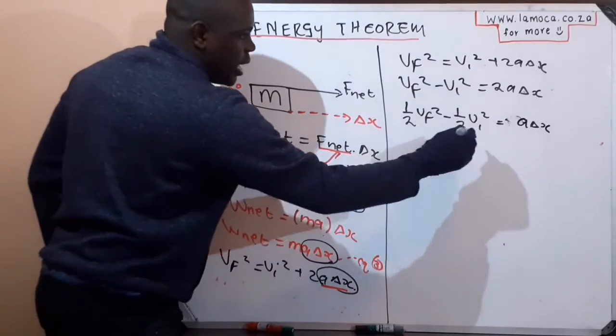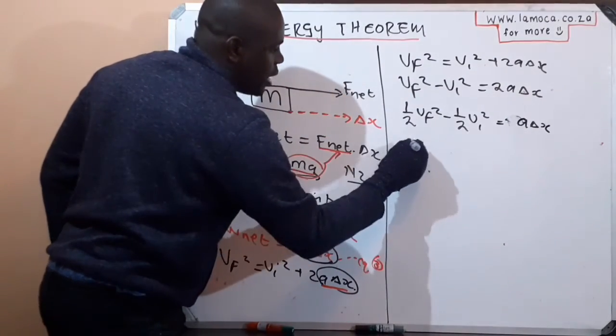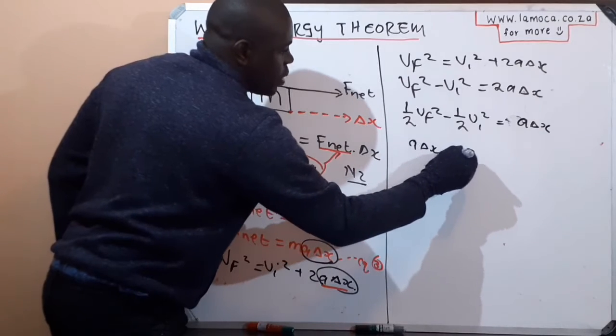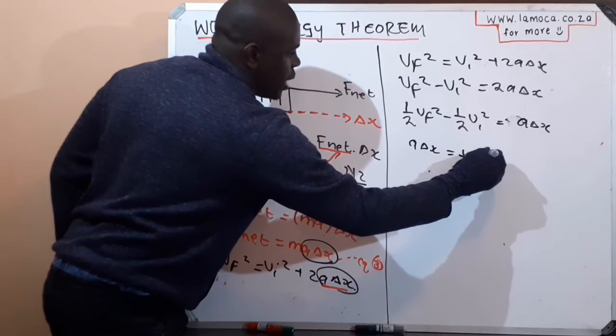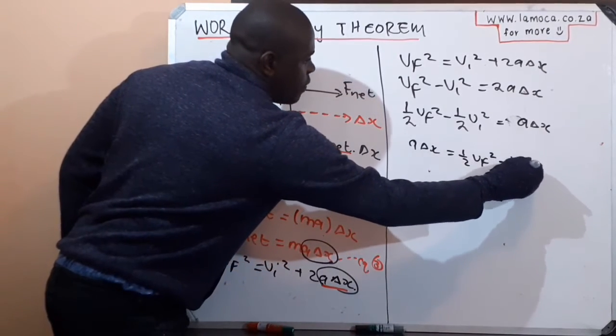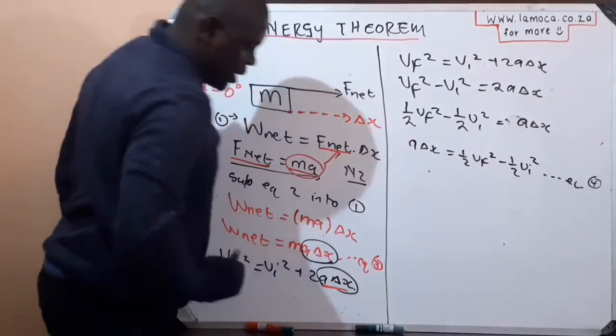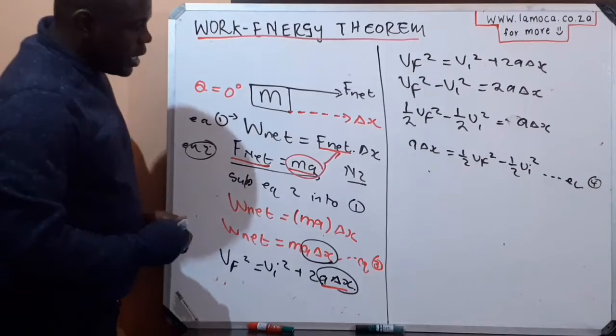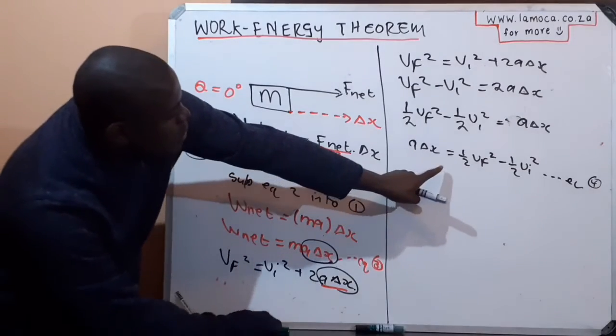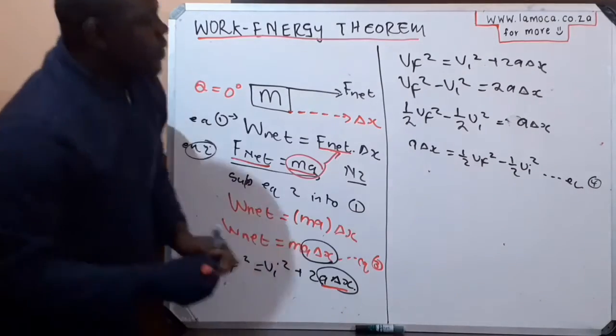So if we write it starting from that side, we'll have a delta X is equal to half Vf squared minus half Vi squared. This is equation 4, like that. Very beautiful stuff. So our a delta X is expressed by half Vf squared minus half Vi squared.